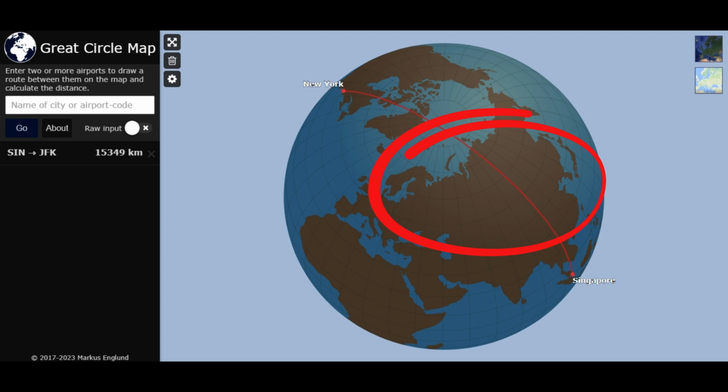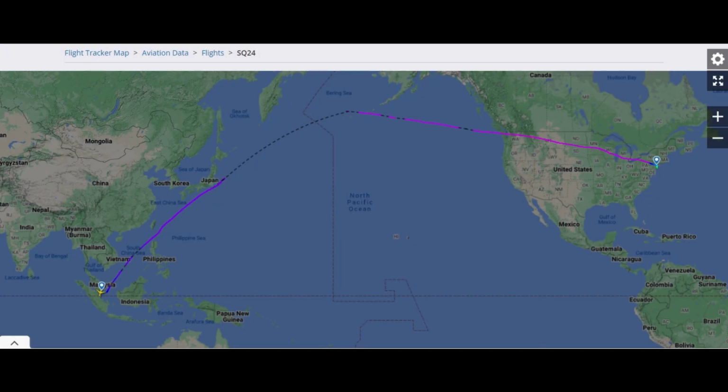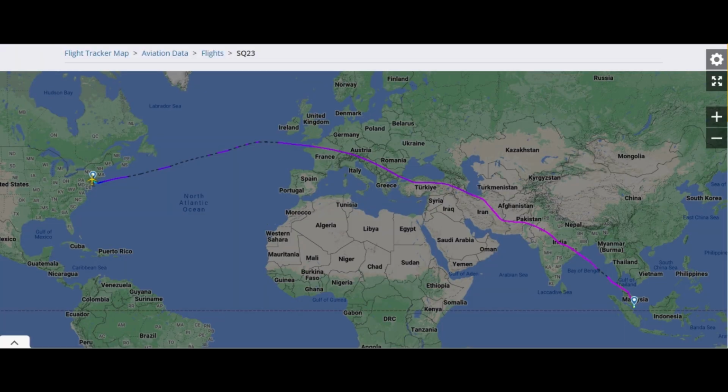Now, the interesting thing is that when they go from Singapore to New York, they go eastward by going up past Japan, the Northern Pacific, past the Aleutian Islands of Alaska, and then across the US from sort of Washington State across to New York. And when that plane returns to Singapore, instead of turning around and going back in the other direction, because of the prevailing winds and because they are travelling between antipodal points, it is actually better for them to continue travelling eastwards.